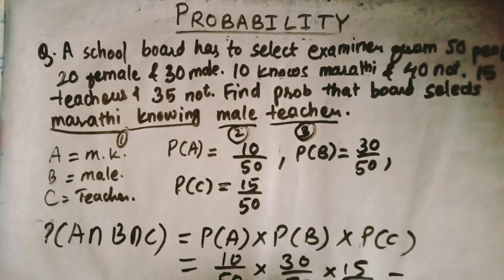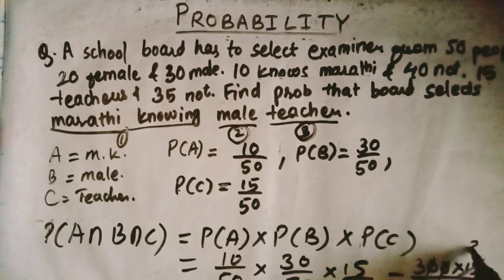So this will be 300 into 15 upon 125000. Then you can cut this. So this will be 9 upon 250.